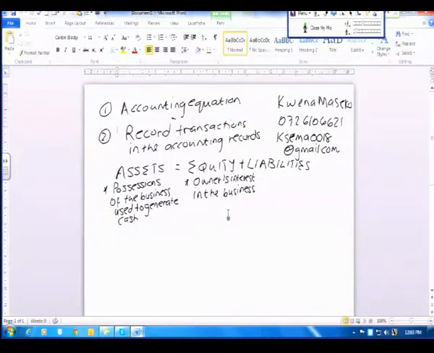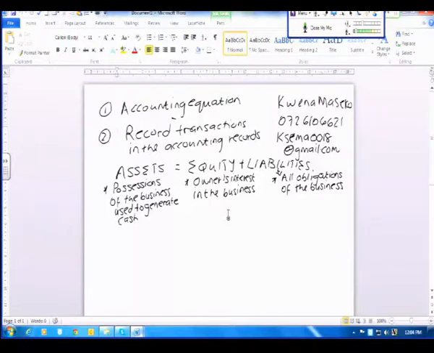And we get to liabilities. Liabilities are basically all the obligations of the business. So these are all obligations of the business. This is what the business will need to pay out eventually.